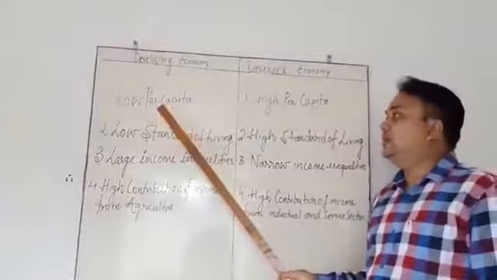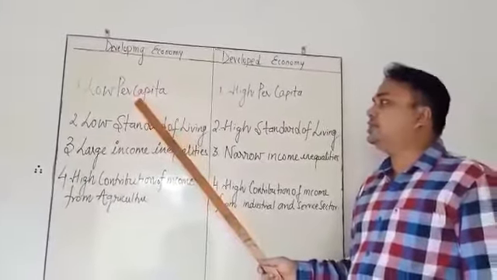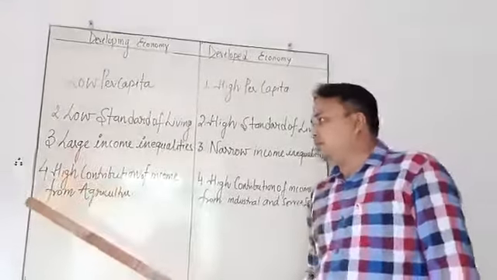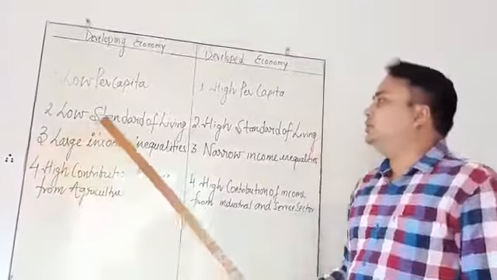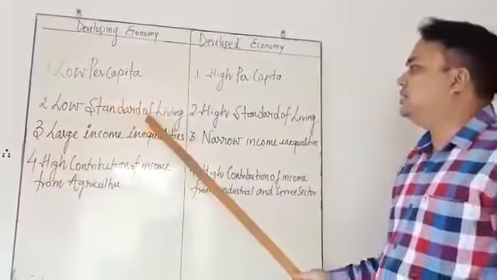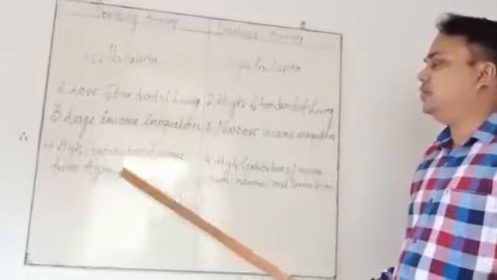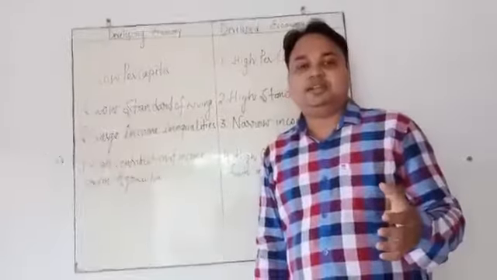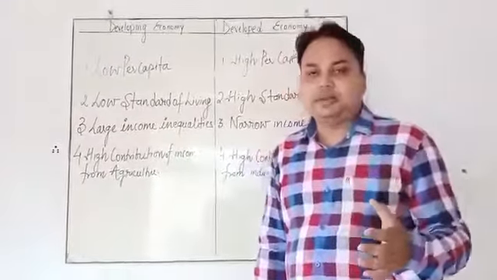It means they are not producing the goods and services whatever they demand. So naturally what will happen? When per capita income is low, there is the lowest standard of living. Here lowest standard of living means they cannot get the facility of all types.